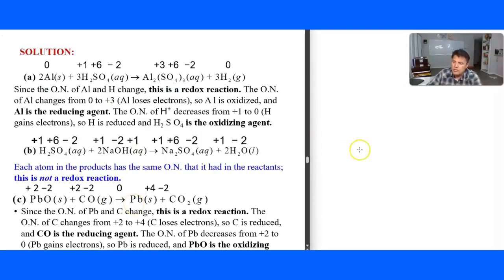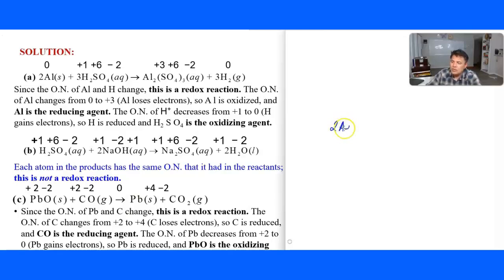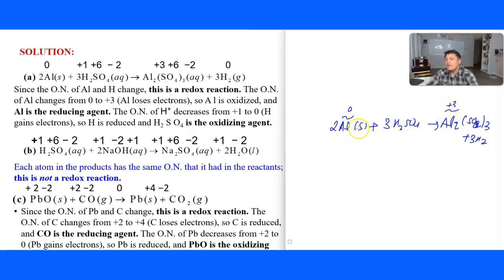So 2Al plus 3H2SO4 gives you Al2(SO4)3 plus 3H2. This is the redox reaction, because aluminum has 0 here, and aluminum has plus 3 here. Done. It is an oxidation reduction reaction, because one is increased. No need to check every one, but you can see that.